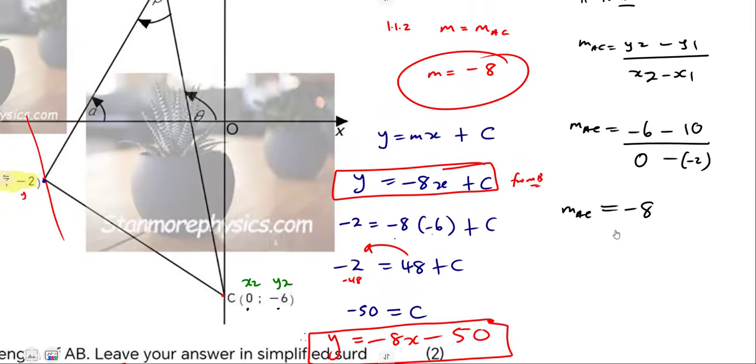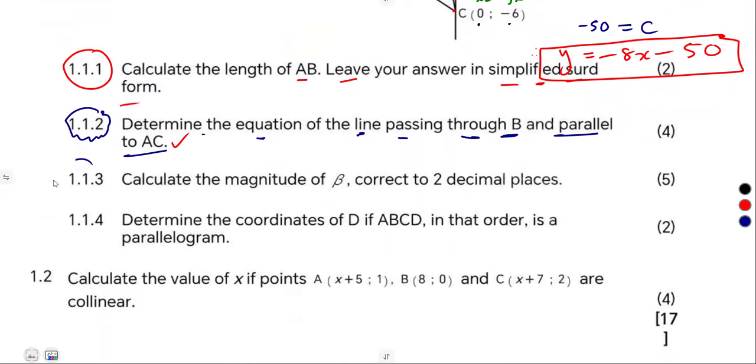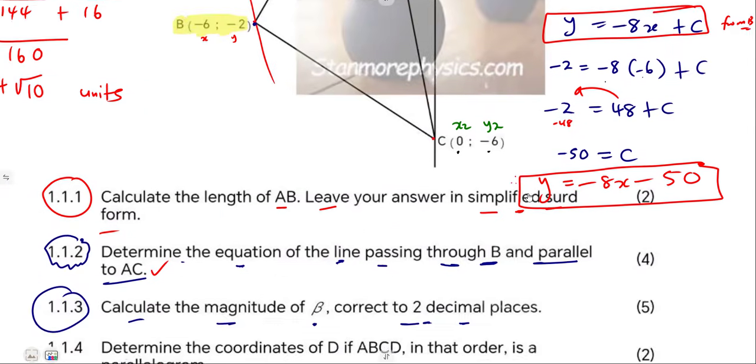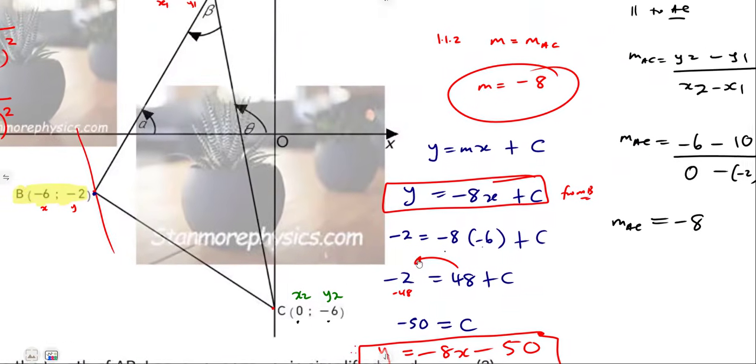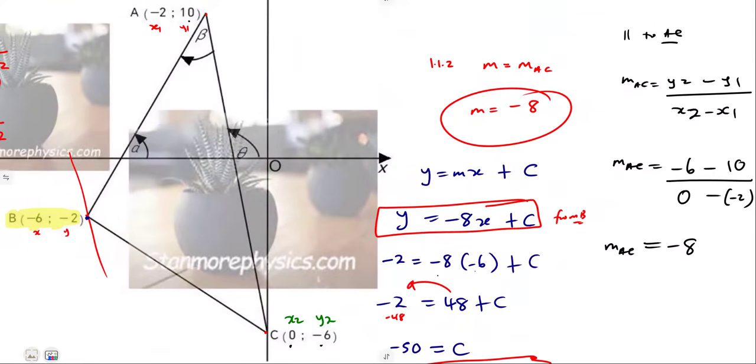Let us consider another part where we are given in 1.1.3, calculate the magnitude of beta, correct to 2 decimal places, for 5 marks, all right? Let us consider where the angle beta is. We can see that here, the angle beta is actually part of our triangle, which is affected here in this triangle, all right?